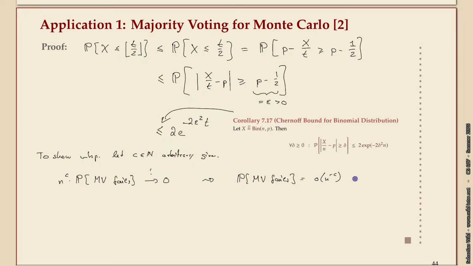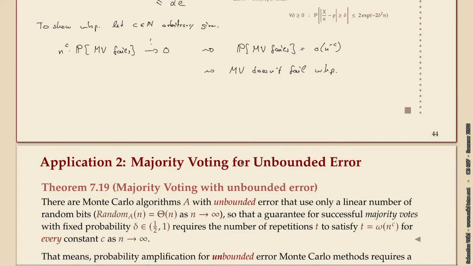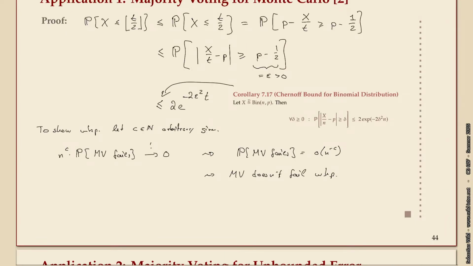Because c was arbitrary, that implies that the algorithm doesn't fail with high probability.